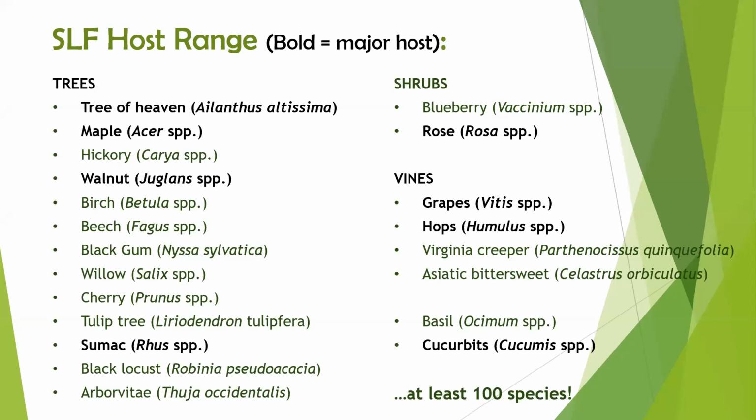It feeds on blueberry and rose. It feeds on many different vines, including all the different grapes we have, and also Virginia creeper, and even Asiatic bittersweet. But even if the plants are woody, that doesn't mean they're not susceptible. It's known to attack basil and cucurbits like cucumber and squash and things like that.